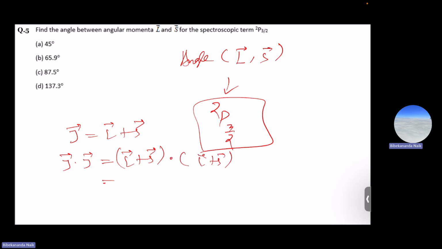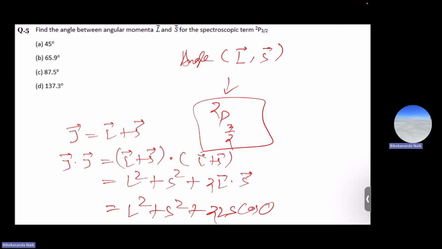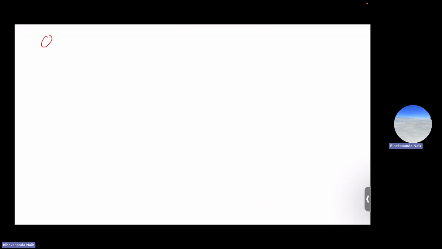If you calculate, it will be L square plus S square plus 2 L vector dot S vector, that means L square plus S square plus 2 LS cos theta, where theta is the angle between L vector and S vector.